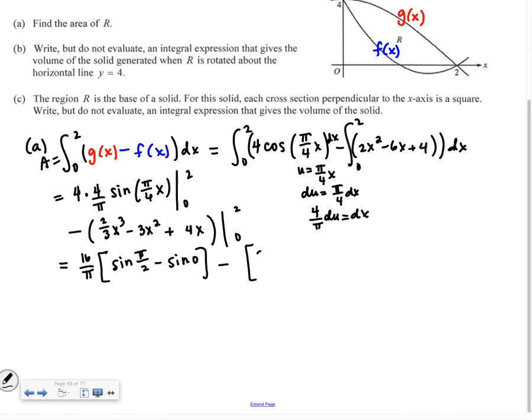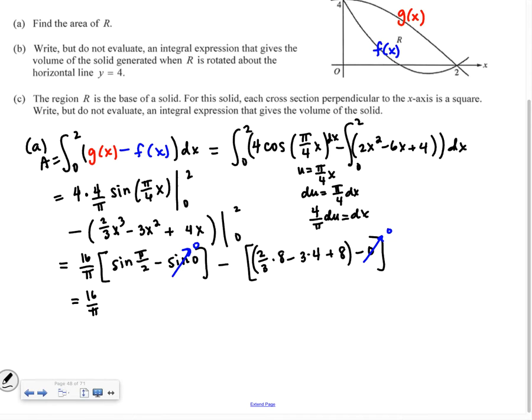And I'm going to have my 2/3 times 8, right, 2 cubed, minus 3 times 4 plus 4 times 2 is 8. And all of that's going to be minus 0, so that's lucky at least. So sine of 0 is 0, so that's out. This is gone. All right, so I have 16 over pi times 1, right?